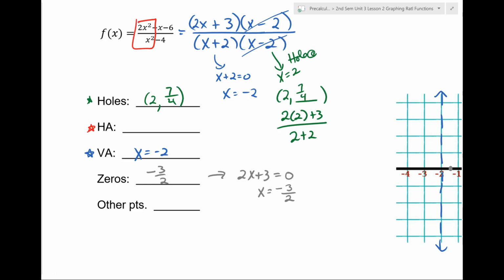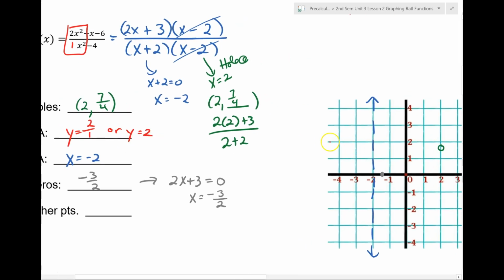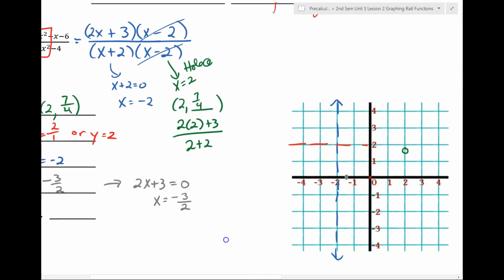If they're the same, how do I find it? It's the ratio, right? So isn't that really 2 over 1? So my horizontal asymptote is when I have y is equal to 2 over 1. So that's really just 2, right? You say y equals 2. So then I'm going to have it right here. I'm going to put that in there.